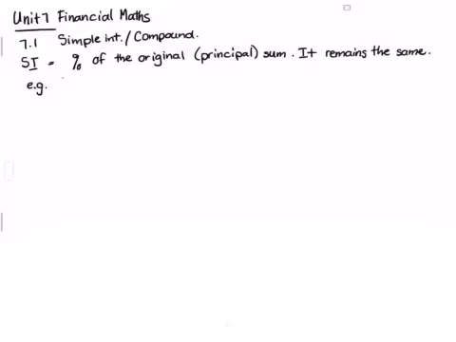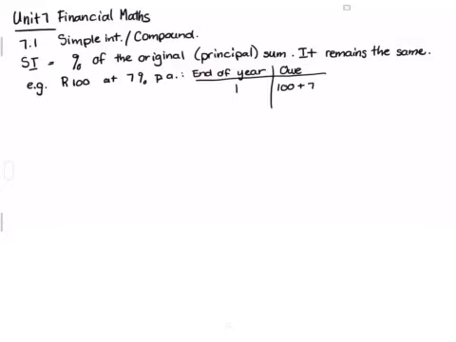E.g., you borrow 100 Rand at 7% per annum. At the end of year 1, let's say you borrowed it, then you owe the 100 that you borrowed plus the 7, which is 7% of 100.